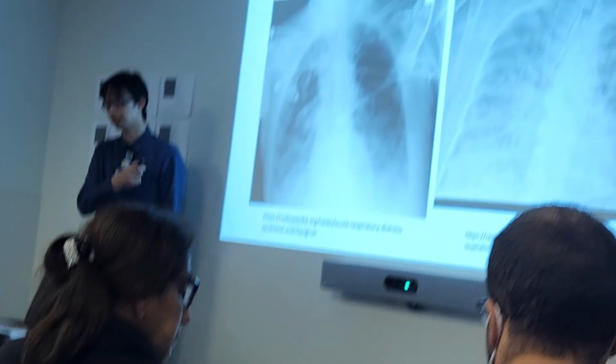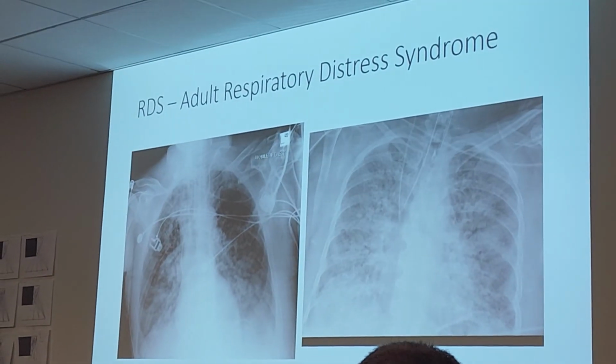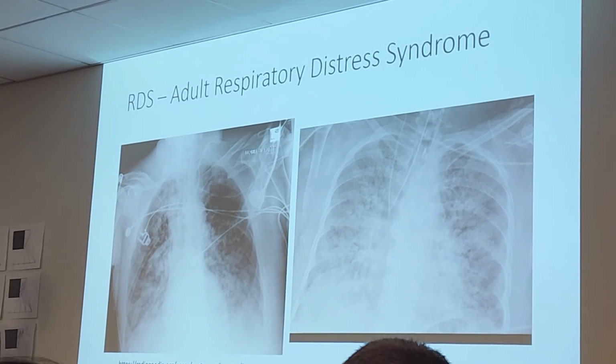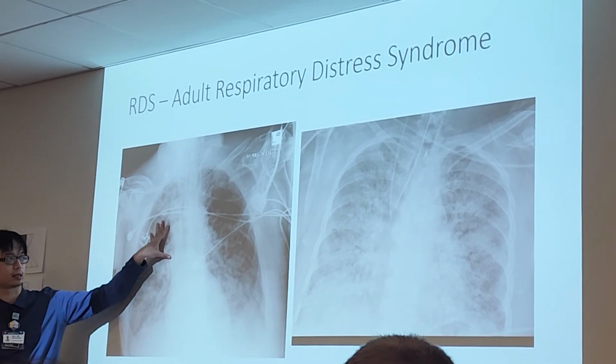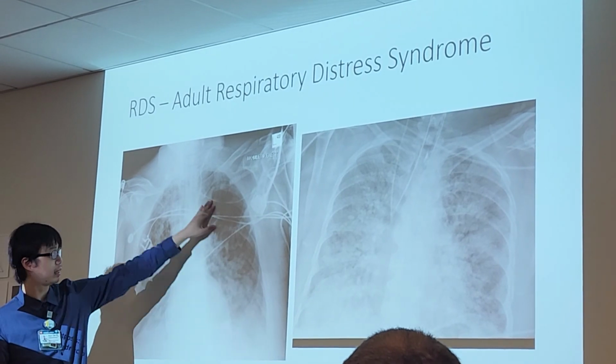Now, if this happens in an adult, it's no longer hyaline membrane disease. This is RDS, just regular respiratory distress syndrome, or ARDS, adult respiratory distress syndrome. So as you can see, once again, you've got these fluid-filled areas.